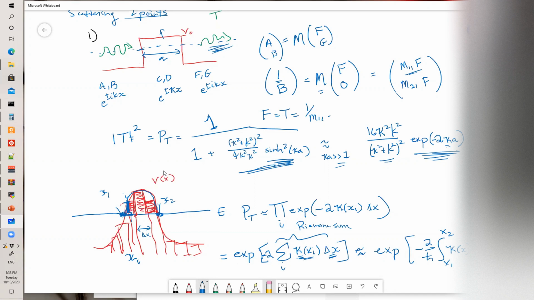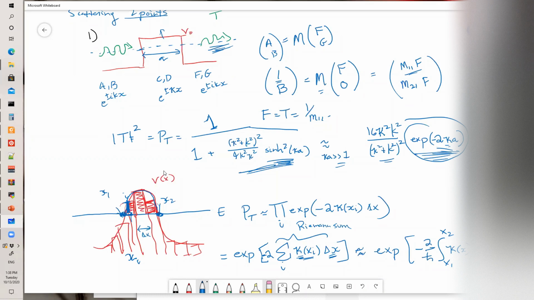So that's just a nice way of calculating the transmission probability for any arbitrary potential. It's because the transmission probability will be dominated by this exponential. That's going to dominate the behavior of the probability, because it's the thing that's varying most with kappa and so on.